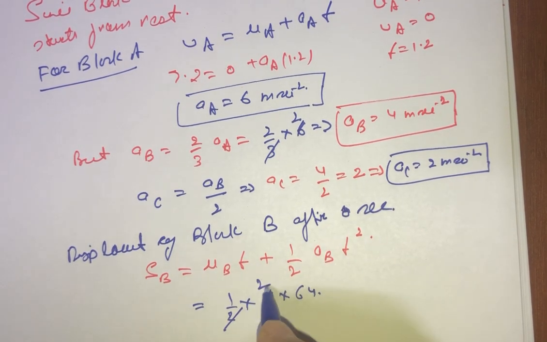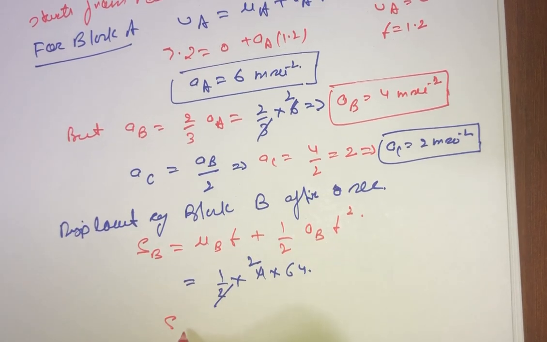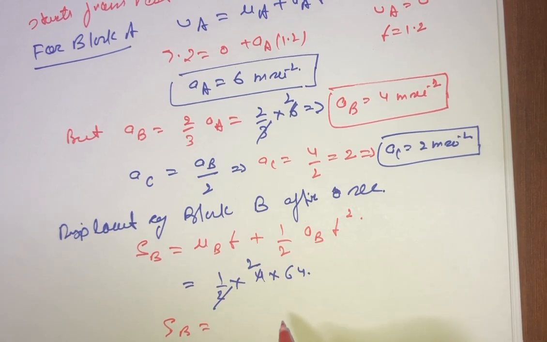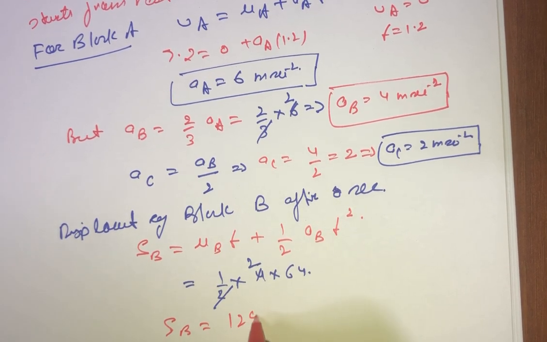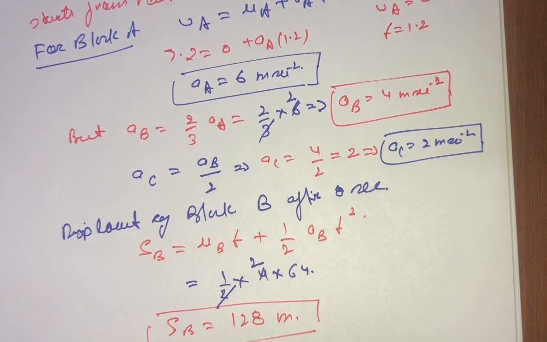This goes by twice. So displacement of block B will be equal to 128 meters. Okay, so this is the displacement of block B.